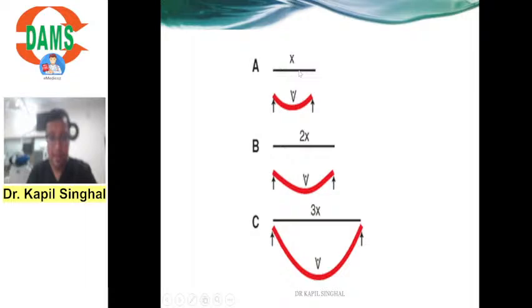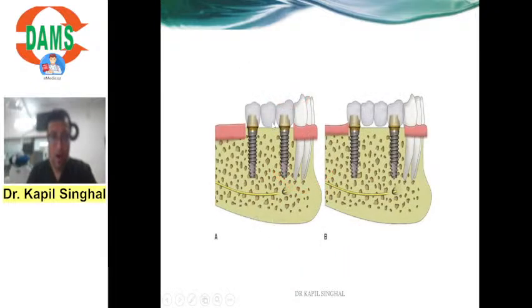As the number of pontics increases, the force on the abutment implant or tooth increases multiple times. So 1 pontic is allowed, 2 pontics are allowed, but 3 pontics over implants are not allowed. More than 2 is not allowed.